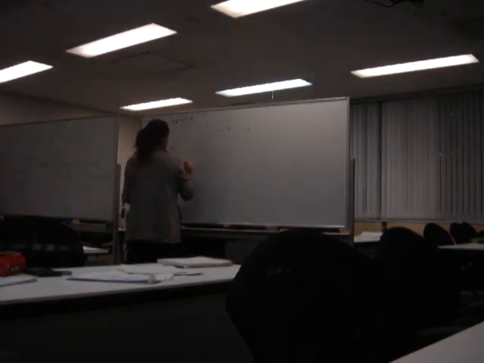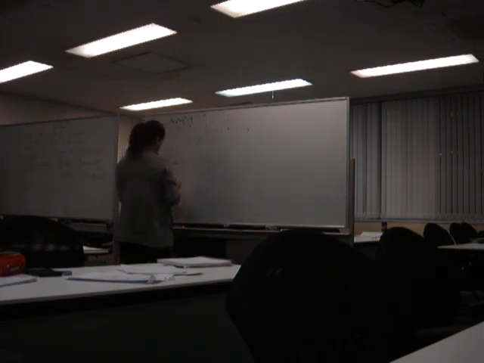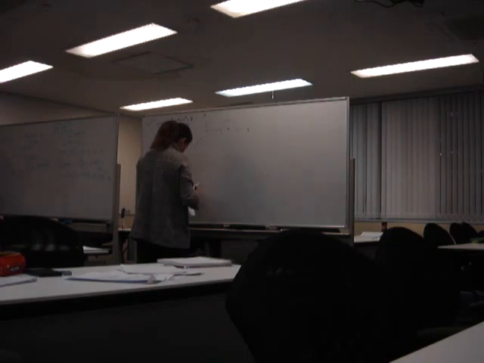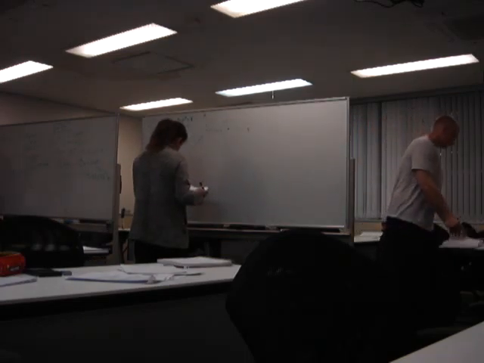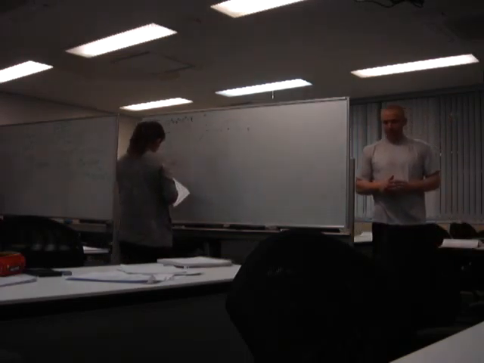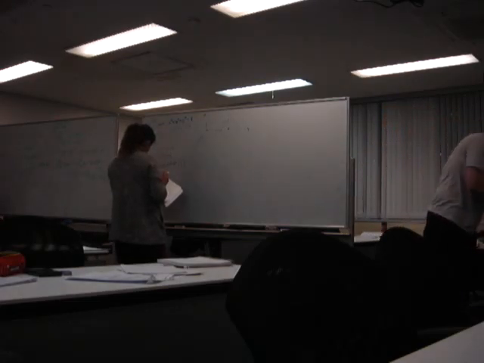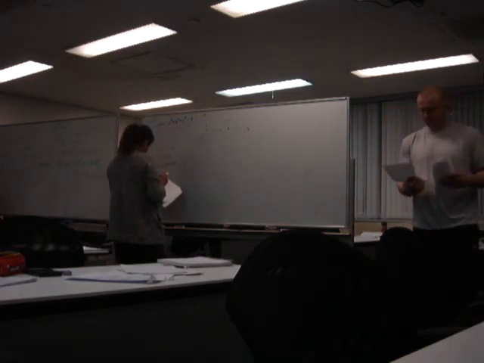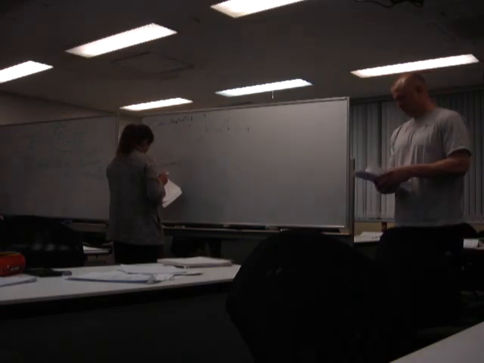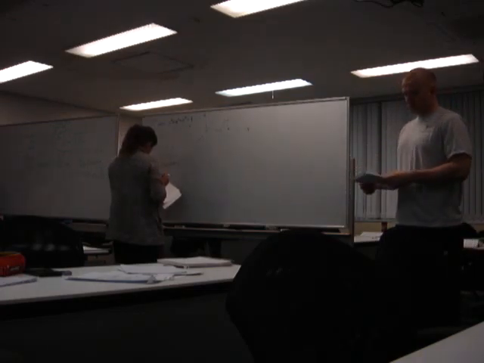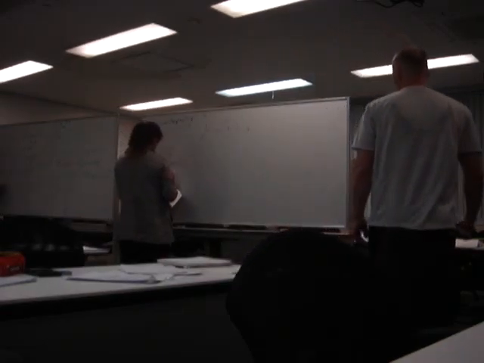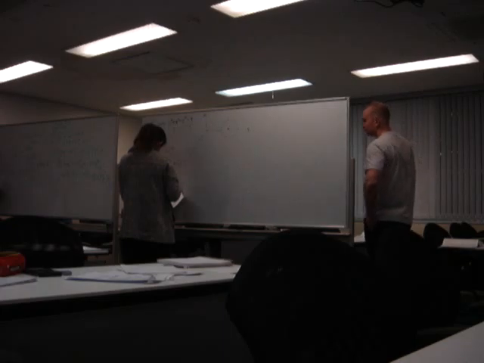So r fourth plus r squared minus 20 equals 0. That has solutions (r squared plus 5) times (r squared minus 4). Now the only ones that you look at are the positive ones, because the others are negative. So r squared minus 4 equals 0, so r equals plus or minus 2.